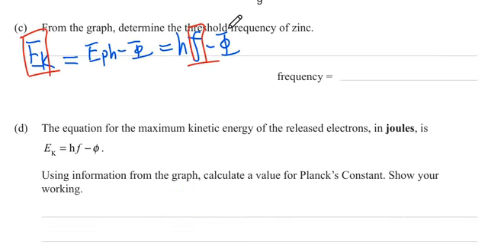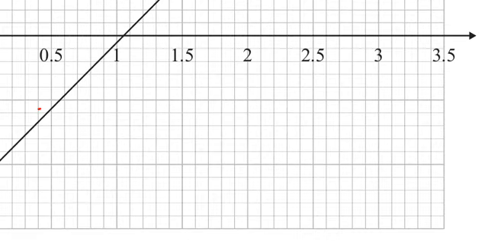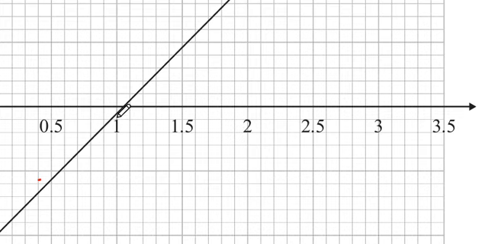So from the graph, determine the threshold frequency of zinc. Now we can read it already from this graph. Let's zoom in a little bit, make it bigger, so we can read the value here. So this is 1, this is 1.5, so this is going to be 1.1, and this intercept here, let's read it like 1.05.